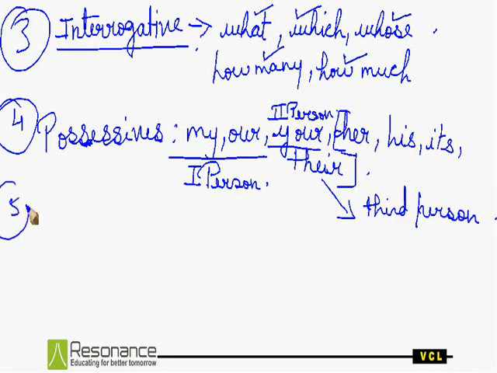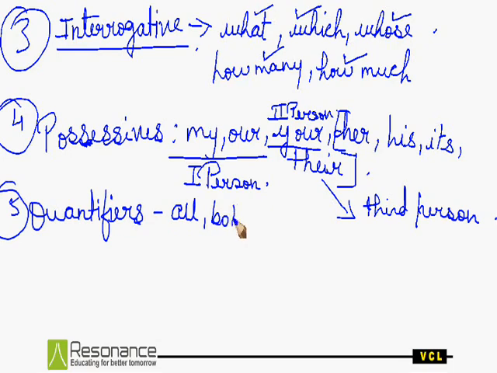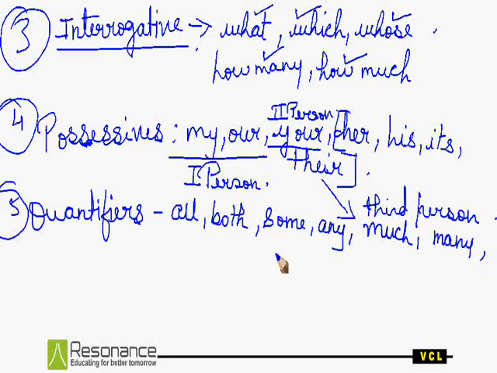Fifth point is quantifiers. Quantifiers like all, both, some, any, much, many, and several.